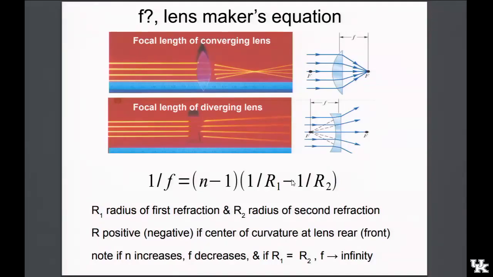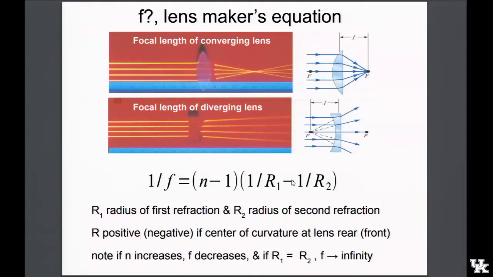To build that lens, you've got to make a lens with curved front and back faces out of a certain material of a certain refractive index. And this lens maker's equation tells you how to do that. So here's the focal length that we want to manufacture our lens to be. And then here's how the focal length is related to the radii of curvature at the front and back faces.